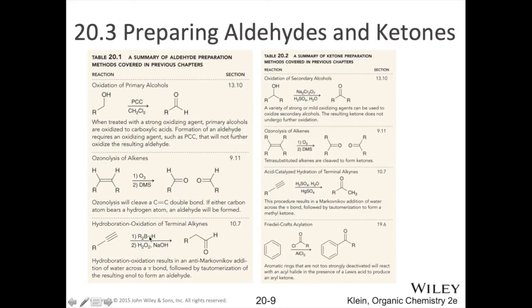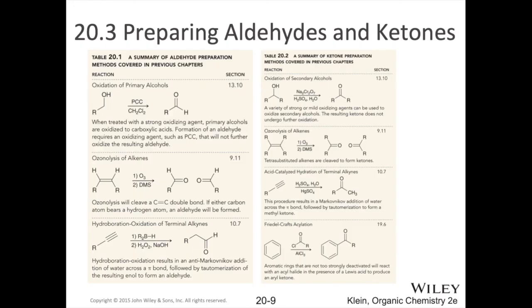This method here is kind of interesting because, in order to see this, it sometimes helps to realize you're making an enol, and it tautomerizes into the resulting aldehyde or ketone. So here we're starting off with an alkyne. If we do a hydration reaction, we basically add water across that triple bond, we would make the corresponding enol, and then it will tautomerize into a carbonyl. Now the question is, where does that alcohol group show up?